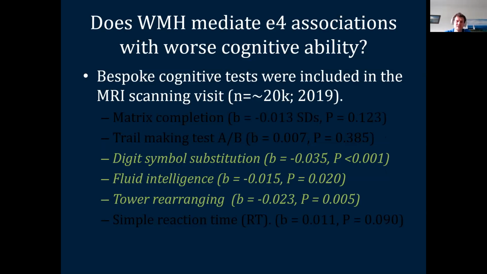The tower rearranging score reflects how many people got correct, and these are standardized betas. You can see that they're really, really small effects. If you have an ApoE4 allele, you have 0.02 standard deviation worse tower rearranging score in terms of how many you got correct.